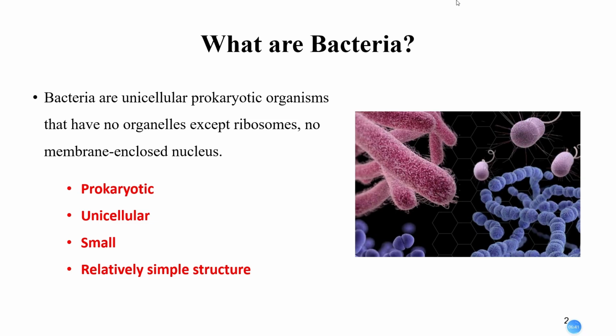So that's the organization or grouping we'll talk about. And they are relatively small, smaller than eukaryotic cells. So bacteria are relatively small, and also relatively simple structure. Single cell, simple structure. So that's what we'll focus on, the structure today.